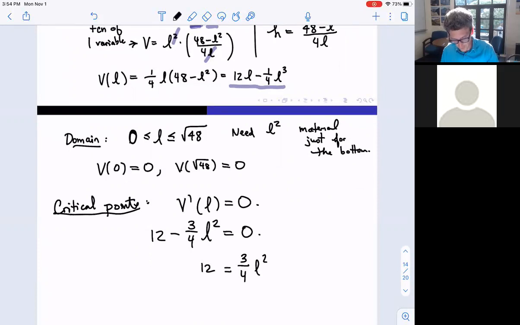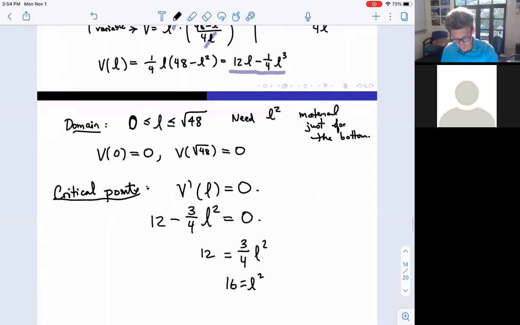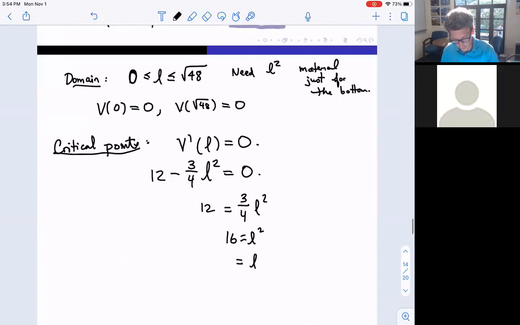And if I solve that for L, I'm going to multiply both sides by 4 and divide both sides by 3. At the end of the day, I'm going to get L squared equals 16. And so that will imply that L is going to equal plus or minus 4.